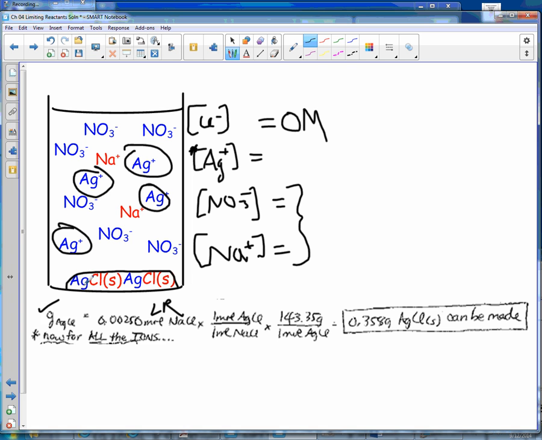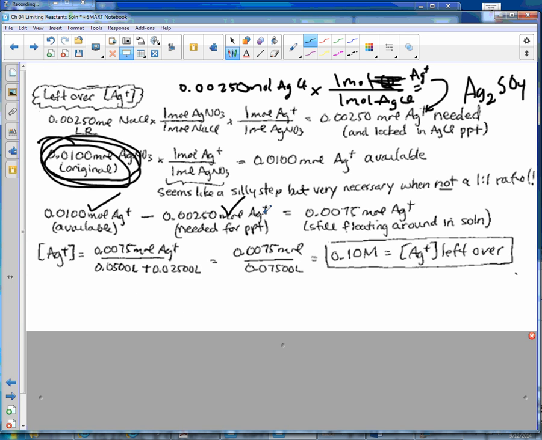I basically took the 1, 2, 3, 4, 5, 6, the total number of silver ions, and subtracted the 2 that were locked in the precipitate, and that told me what was left over. So that's a lot of steps. Bottom line, this is moles of silver ions floating around in the leftover solution, and I need concentration. So I need to divide it by the total volume. Finally, that's where the 75 mL comes into play. So that is the concentration of silver ions left over at the end.